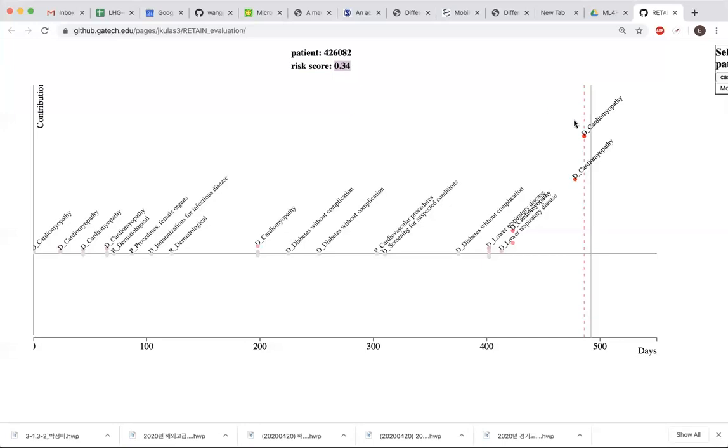And you can also fully decompose the contribution scores into the individual code level, not just the visit level, but every single code and every single visit, you can exactly calculate how much each individual code contributed towards the final prediction. All right, so that's what we're going to try to build here.